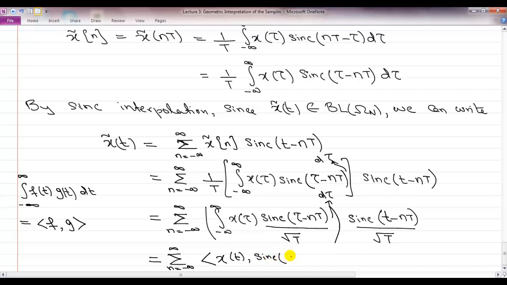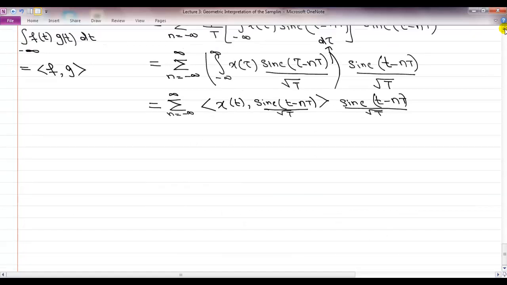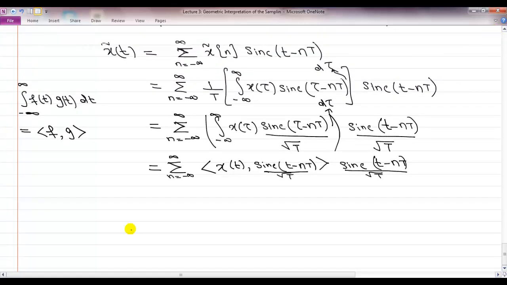Sinc of t minus nT over square root of T times sinc of t minus nT over square root of T. What I have done is I have written my x of t, the original signal that I started with that I did not really know for sure is band limited.